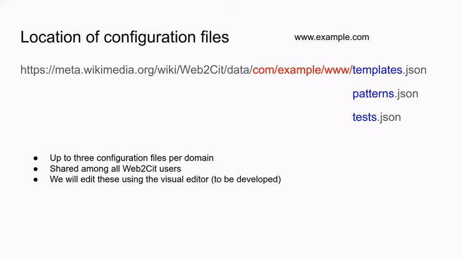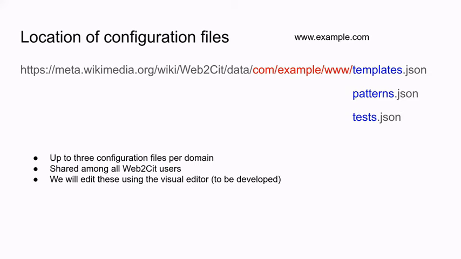Can you still go ahead and create example3 and recreate these files and change the templates, patterns, tests, whatever you want, and that way make sure you're not changing it for the examples that are currently working? You might do it, but because you're defining that for example3, then that's only going to work for web pages in example3, and I'm not sure if that web page actually exists.